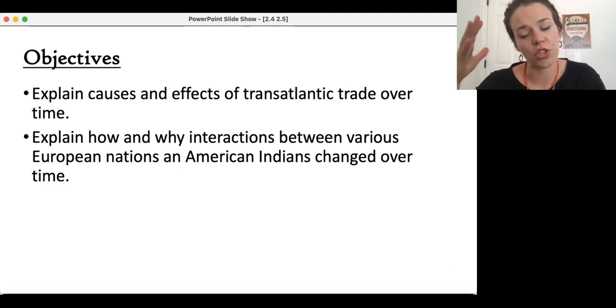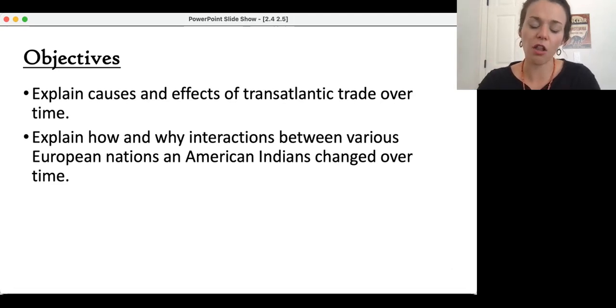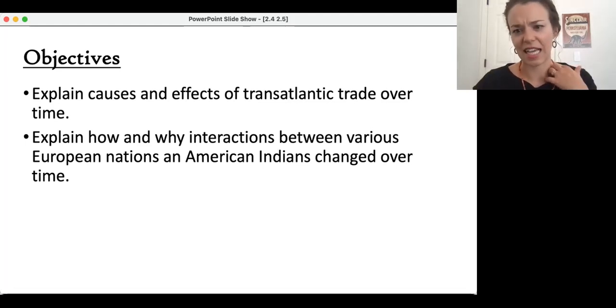One of the historical thinking skills that the College Board pushes in their AP history classes is causation. How do things change over time? What caused what? How did this event lead to this other event? And these objectives are getting at that skill.